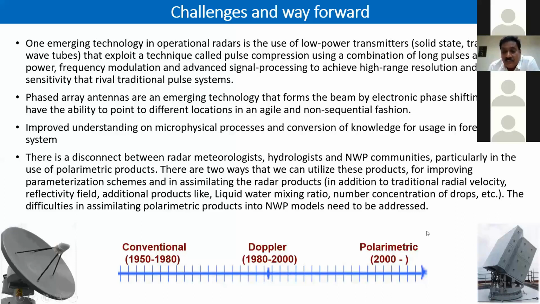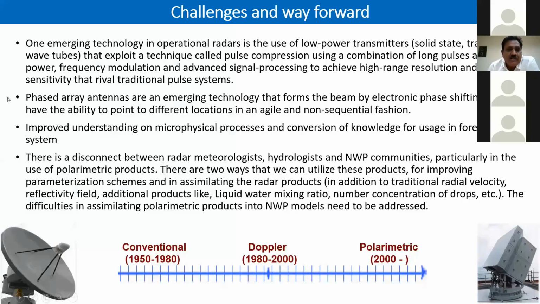So we have to take up these radars, and there's a lot of scope for the development of phased array radars. These radars will provide a lot of flexibility, so you can study very fast or rapidly evolving systems like thunderstorms, and even tornadoes we can study.